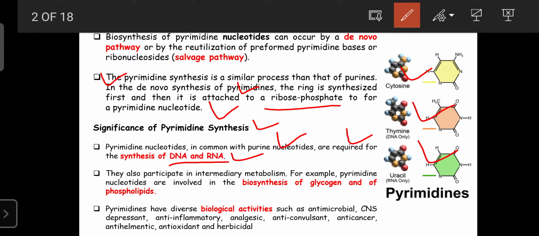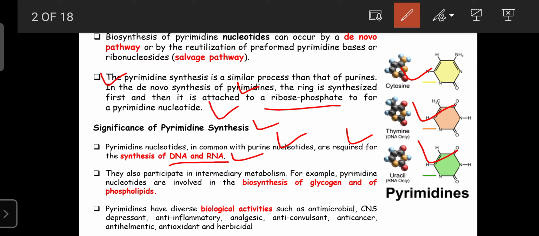If your molecule, any kind of drug, inhibits the synthesis of DNA and RNA, by inhibiting purine nucleotide or pyrimidine nucleotide synthesis, or directly denatures the DNA and RNA, then definitely that molecule can be used as a drug helpful for the treatment of cancer, inflammations, or any bacterial, viral, or fungal infection. That is only by breaking or inhibiting the synthesis of DNA and RNA.